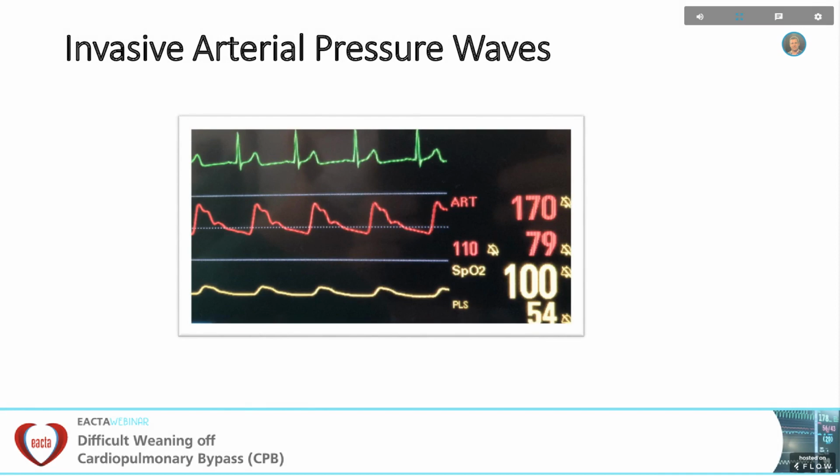Here is a curve that is quite bifid, and sometimes a patient with obstruction of the left ventricular outflow tract can exhibit this kind of wave.